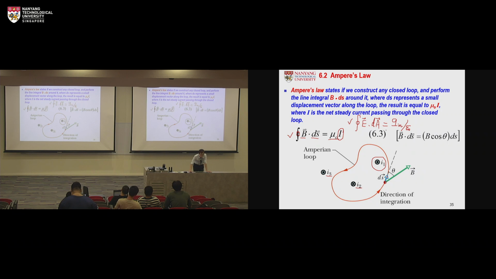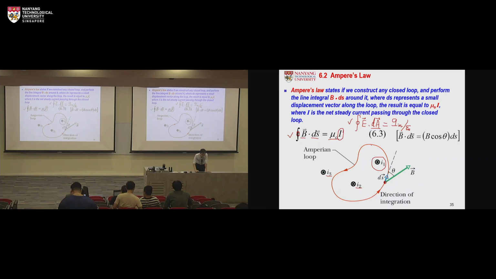So again, you see the difference. This is dA, which means you add up all the area and you get a three-dimensional surface, while here is a loop. You add up all the ds and you get just the length of a two-dimensional loop. So this is Ampere's law.